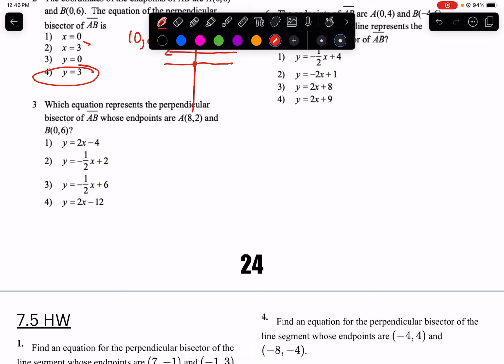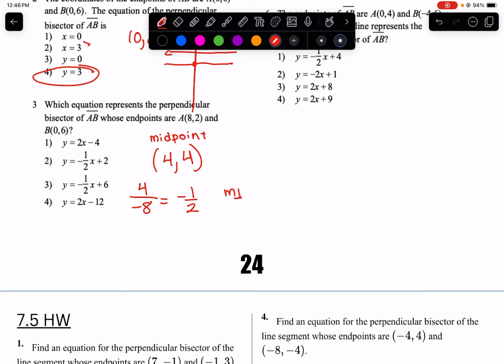Perpendicular bisector. So again, first start with your midpoint. 8 plus 0 divided by 2 is 4. 2 plus 6 is 8 divided by 2 is 4. Slope, 6 minus 2 is 4 over negative 8, which is negative 1/2.